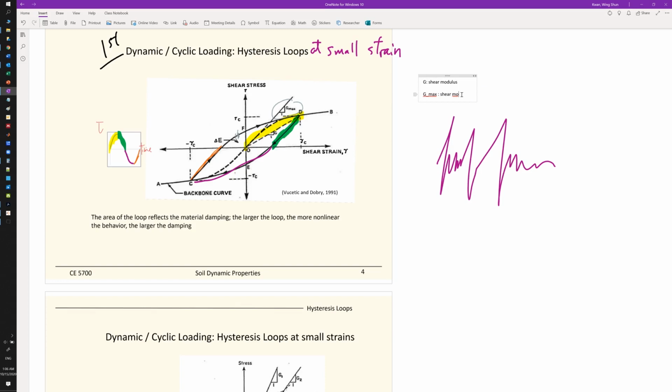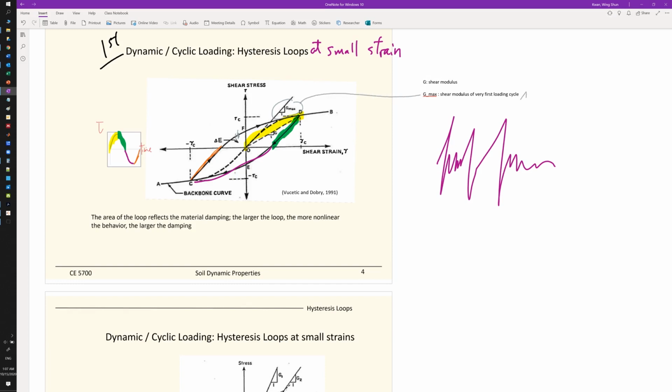And shear strain means the smallest displacements. So Gmax stands for the shear modulus of the very first loading cycle. The Gmax is one of the most important dynamic soil properties.